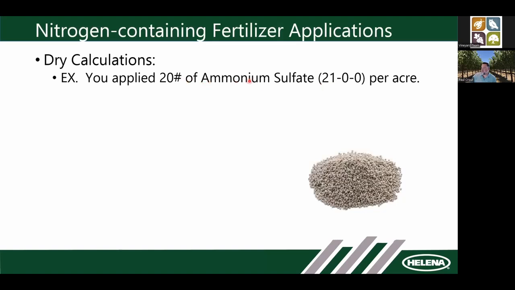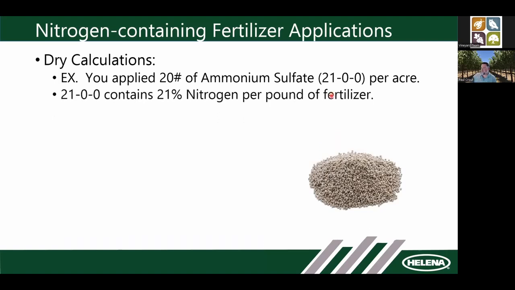So if you look at ammonium sulfate, you will see it's labeled 21-0-0. That means there's 21% nitrogen by weight in this fertilizer. So what does that mean? Yep, 21-0-0 contains 21% nitrogen per pound of fertilizer. So you have applied 20 pounds, you multiply that by 0.21, you get 4.2 pounds of N per acre if you had applied 20 pounds of 21-0-0.